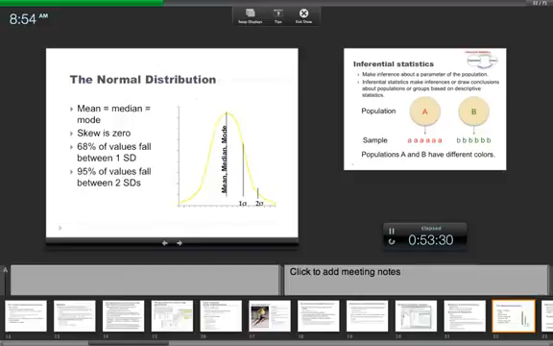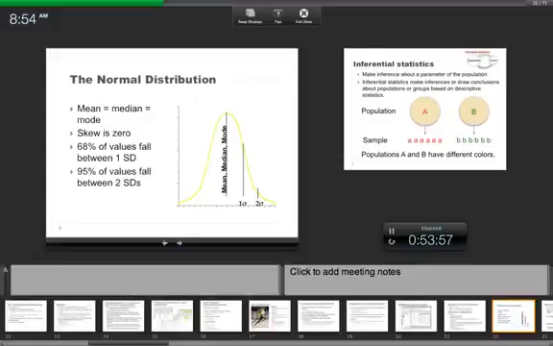Now this is the graphical presentation. This is the normal distribution, and in the normal distribution, the mean, the mode, and the median are all the same. They all coincide at the highest point of the peak. Skewness is 0 for the normal distribution.